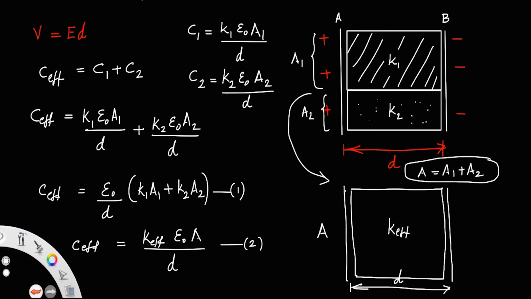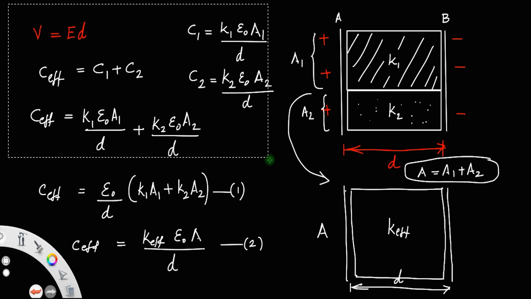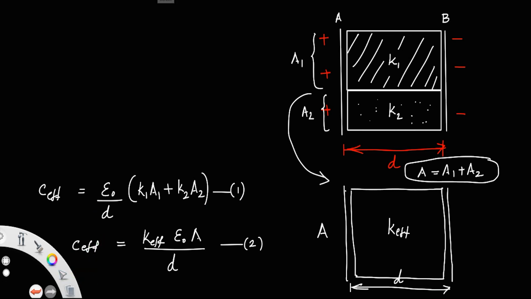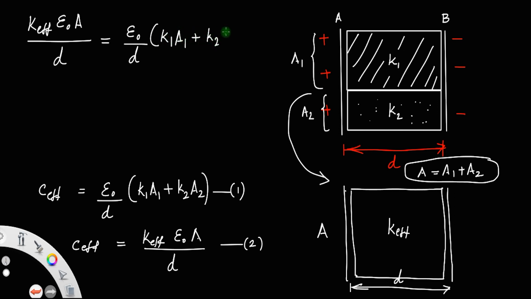Equation 1 is equal to equation 2. Both give the value of C effective. Therefore, we have K effective into epsilon 0 A divided by D is equal to epsilon 0 divided by D times K1 A1 plus K2 A2. You can cancel this epsilon 0. Also, this D will get cancelled.